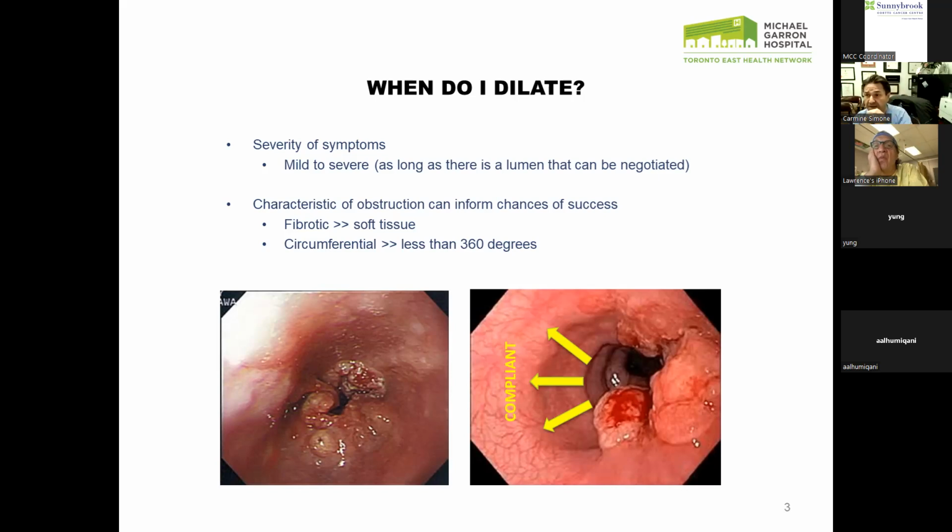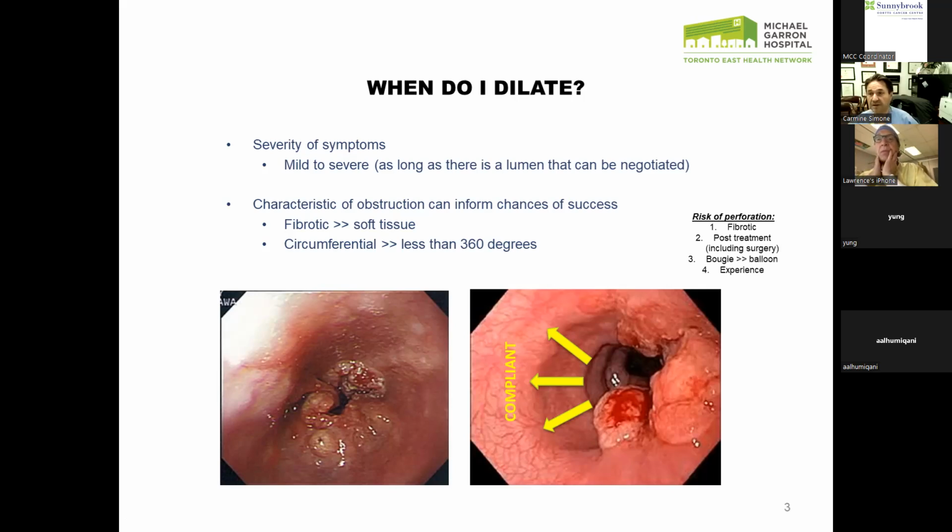However, that side is more compliant, so it just basically bulges. So the balloon, instead of deploying and causing uniform pressure, goes off to the side, and we rarely dilate the lumen. And so the patients on screen right will usually have less of a palliative outcome improvement than the patients on screen left.